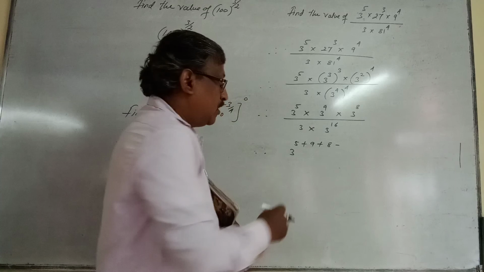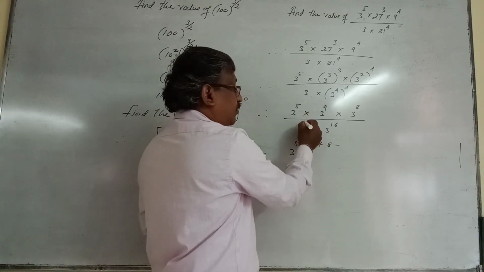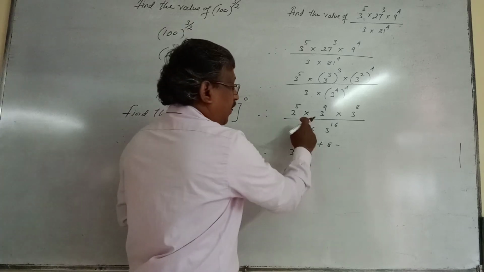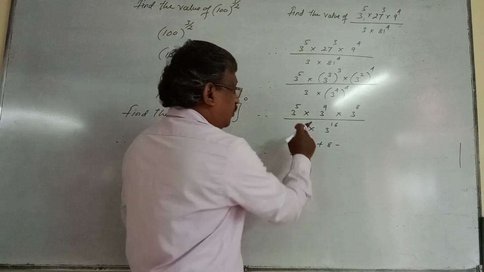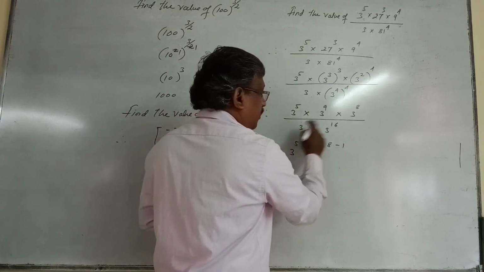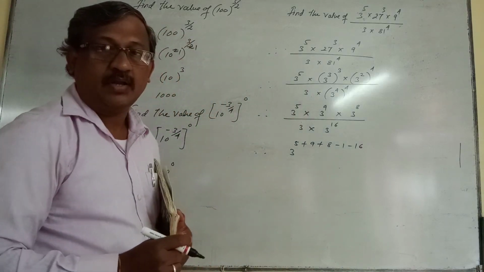From this you have to subtract these 2 indices. Now 3 means 3 raised to 1, because where the index is not there, it is assumed to be 1. And this is 16, like this. Clear?